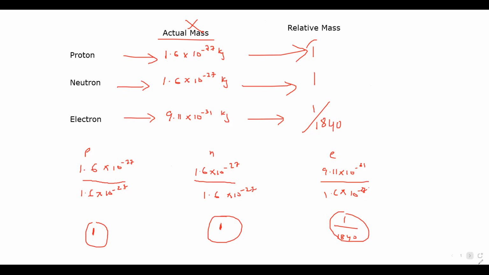Simply, the term relative means comparison. Let me give another example: you have students A, B, and C. Student A has a mass of 80 kilogram. Student B has a mass of 80 kilogram. And student C has a mass of 40 kilogram. To take their relative mass, I can take the simplest ratio.